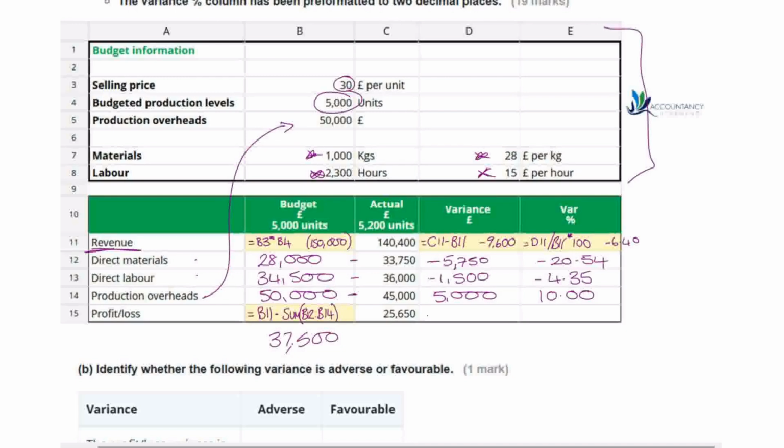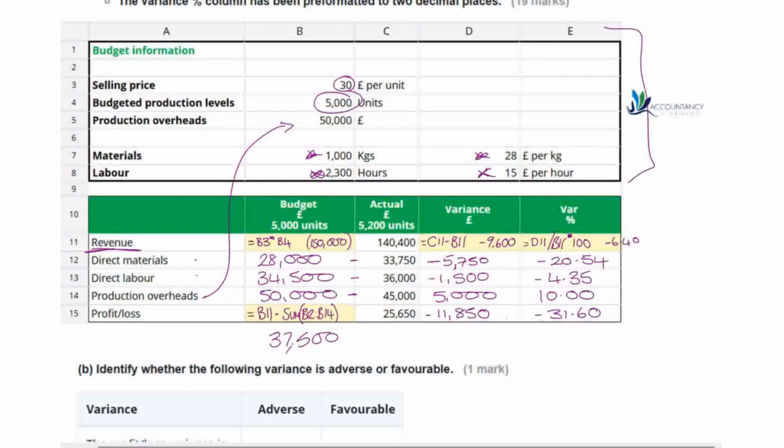So again, when we're looking at profit, we need to see how much did we actually do and how much should we have done, which gives us a negative 11,850, because we should have done 37,500 but we didn't. We only did 25,650, and again we divide that by the budget to get minus 31.60%.